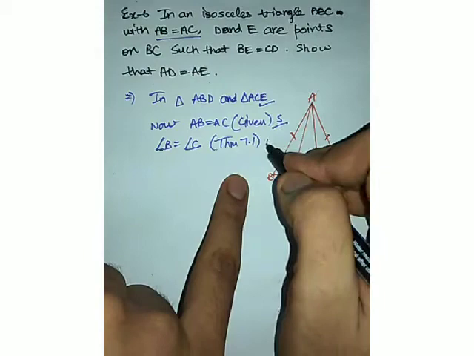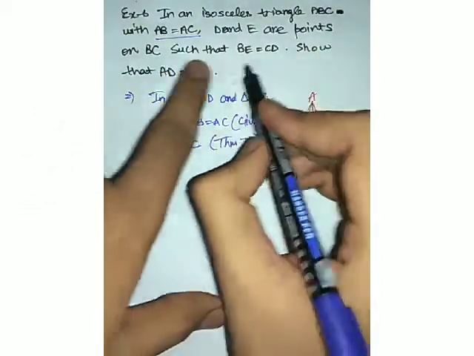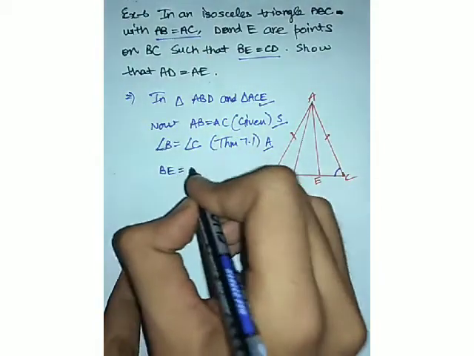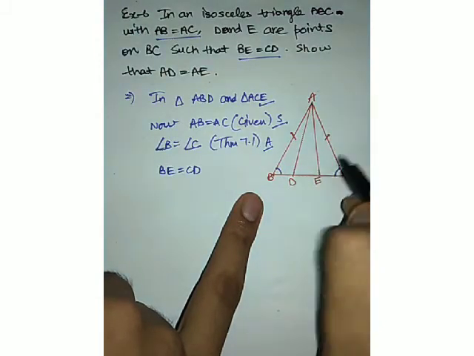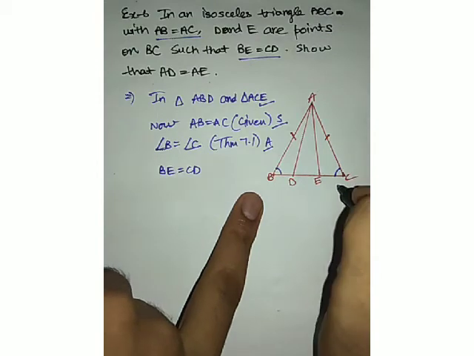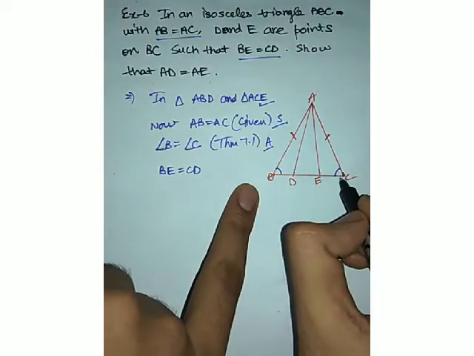Now one side is done, one angle is done, one more side is to be equated. So we'll use the given condition, BE is equal to CD. But you can see that BE is not a side of ADB, and similarly CD is not a side of AEC. So we have to form BD and CE somehow.